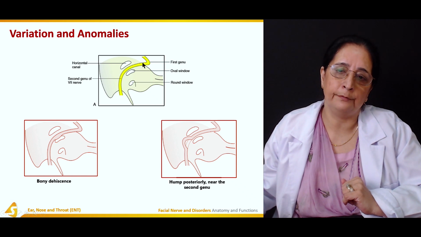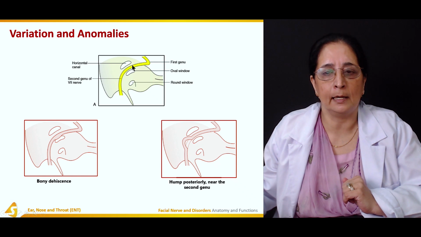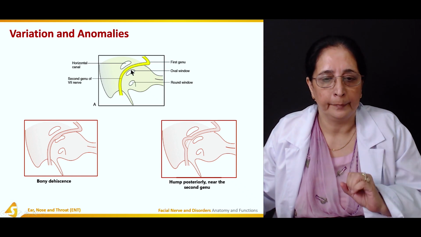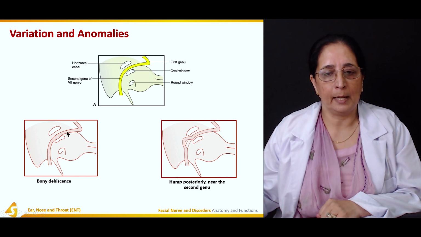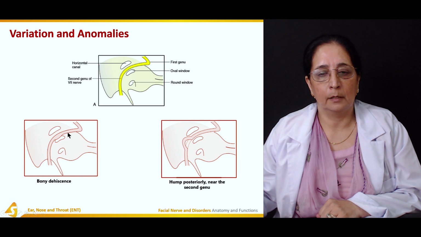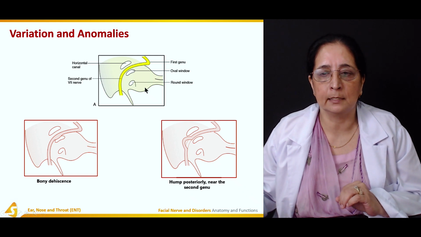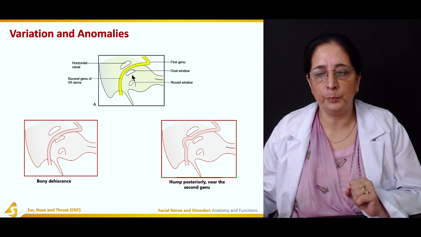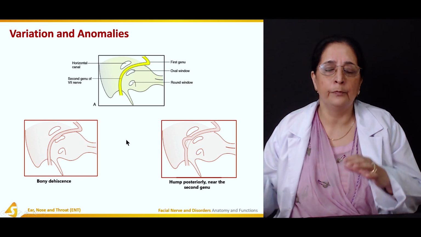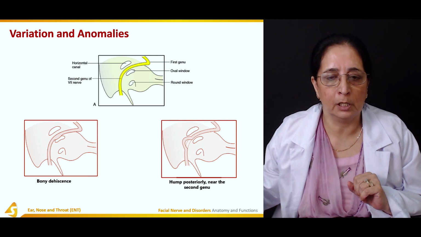So that's how the facial canal runs between the horizontal canal and oval window. If there is bony dehiscence, an abnormality of bone, the facial nerve comes and lies close over the oval window. Surgery should be performed to remove this dehiscence and to free the facial nerve.